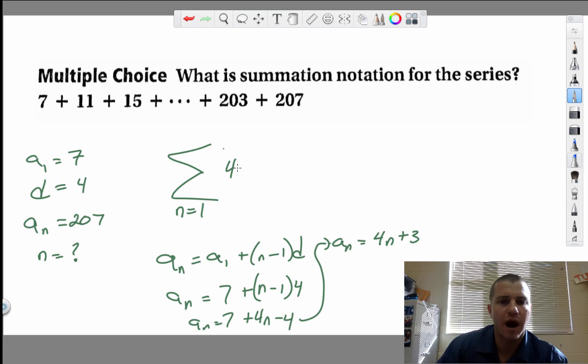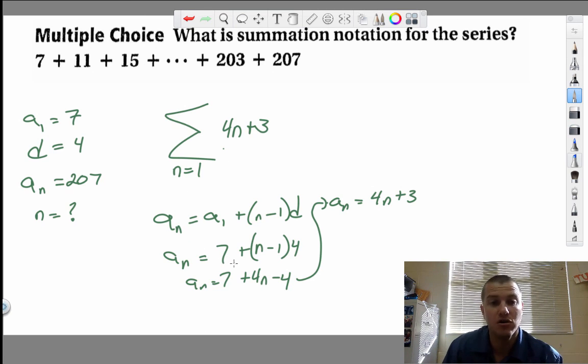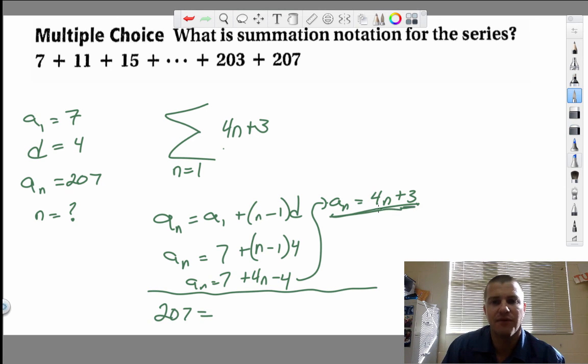So in order to write it in summation notation, I have to find the equation for that series or sequence, and I put that here in this spot next to the sigma. I'm starting with the first term to the nth term. It's not 207. I need to find what term number 207 is. So I can use the AN formula as well, and since I've already solved everything, I'm just going to plug it into this formula.